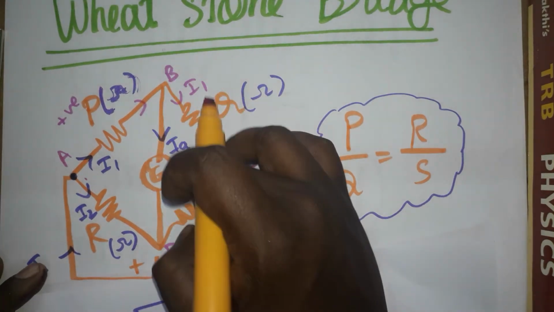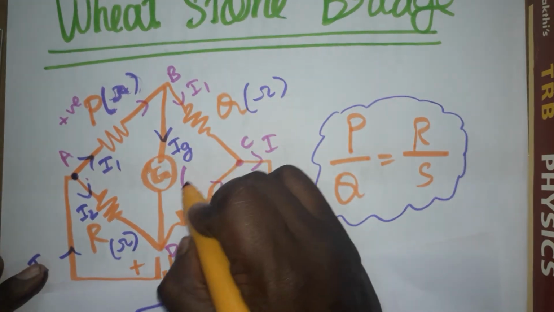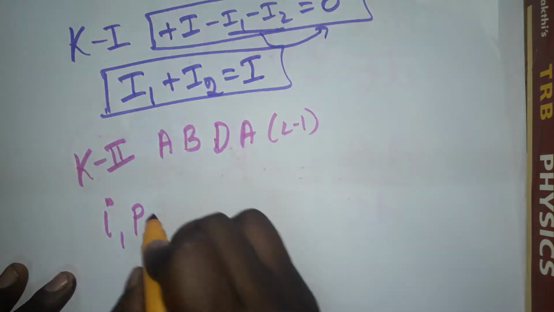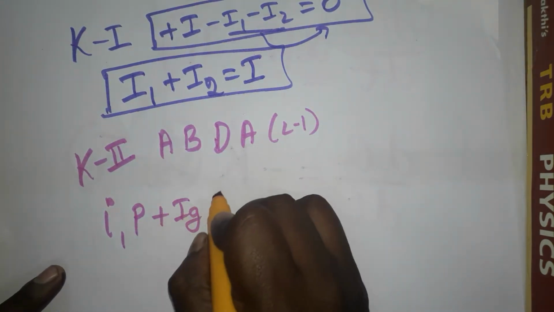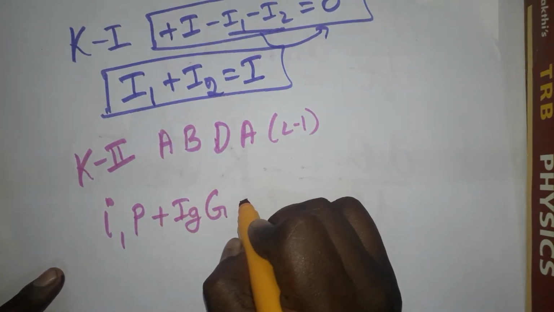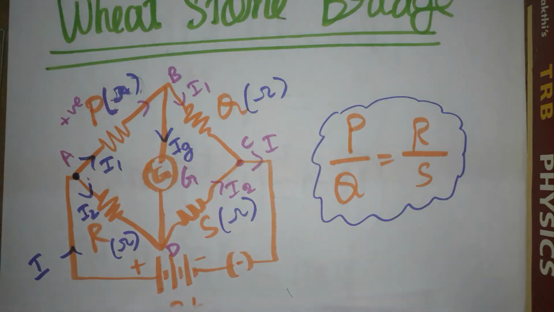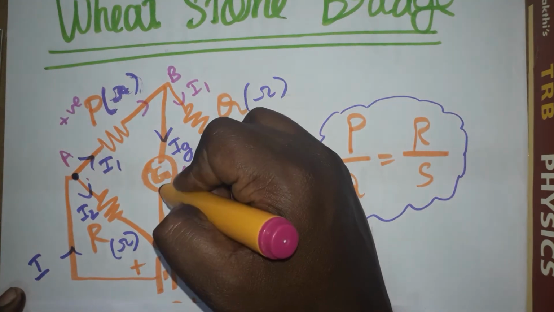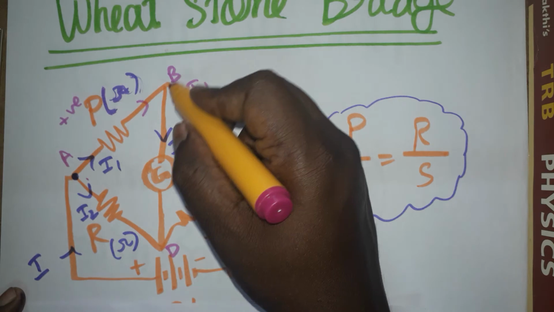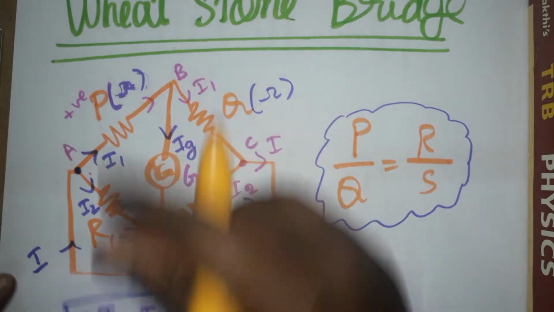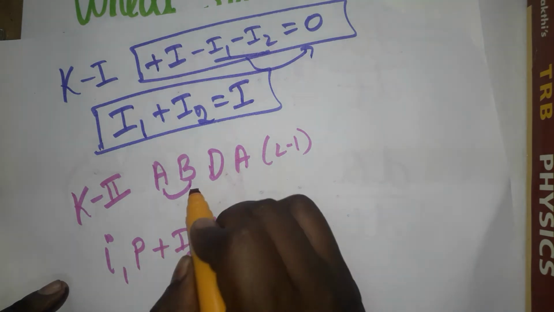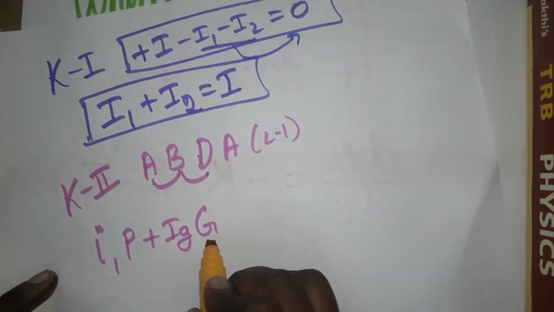Then plus Ig current and G resistance, where capital G is the resistance of the galvanometer. The current is in the same direction as our loop, B to D. So AB is I1P, BD is IgG.